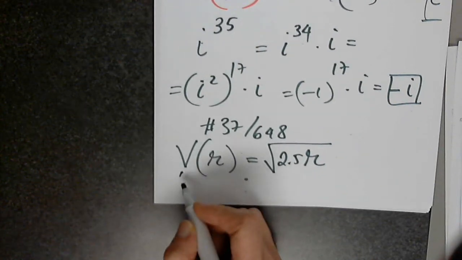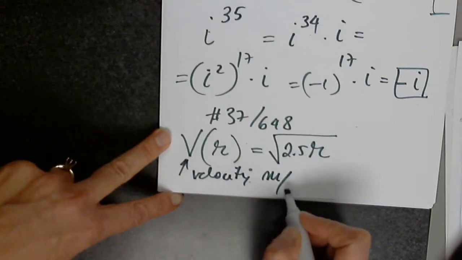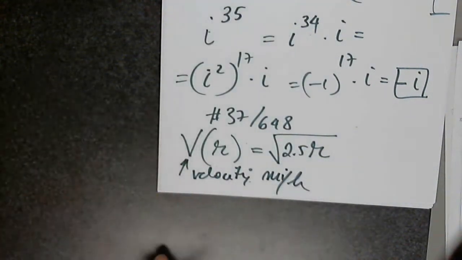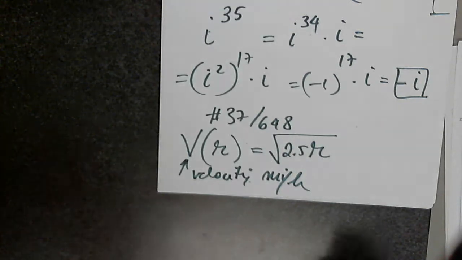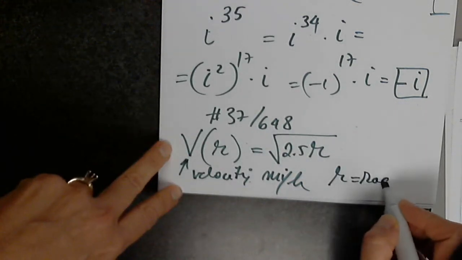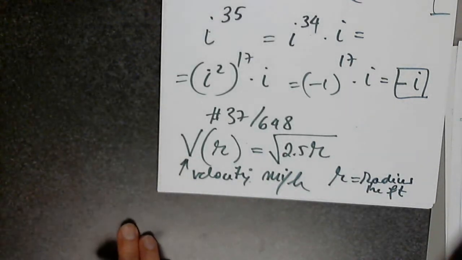So v is velocity in miles per hour, at which a car can travel if it is driven along a curved road with a radius of curvature r in feet. Radius in feet. Okay.